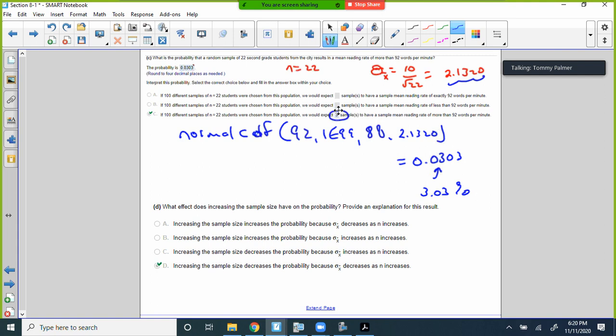All right. So what effect does increasing the sample size have on the probability? Well, increasing the sample size decreases the standard deviation, right? Because the standard deviation of the sample mean is the standard deviation of the population divided by the square root of N, right?